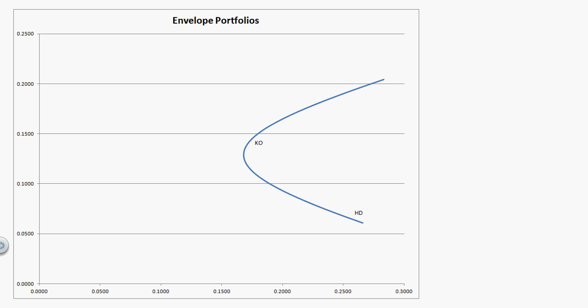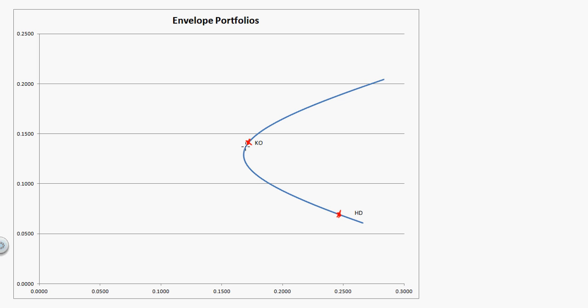Okay, so now here it is drawn out in Excel. Let me show you what we have. We had a return of Coke of 13.26%. So that would be somewhere around in here. So this would be something close to 100% in Coke. And then the return on Home Depot was 6.1. So the return on Home Depot is something like that.